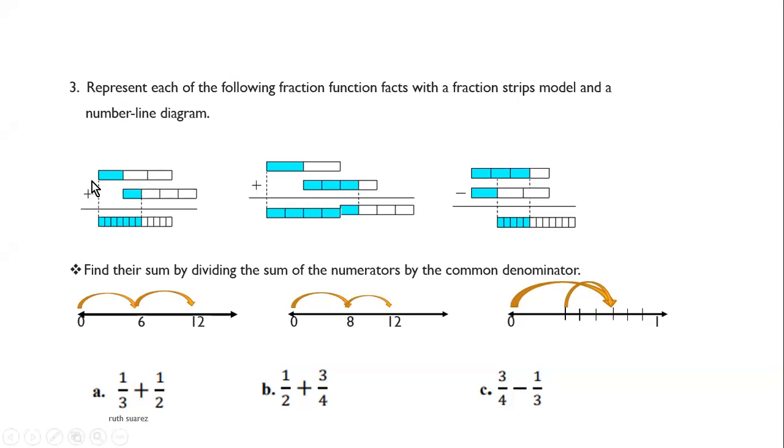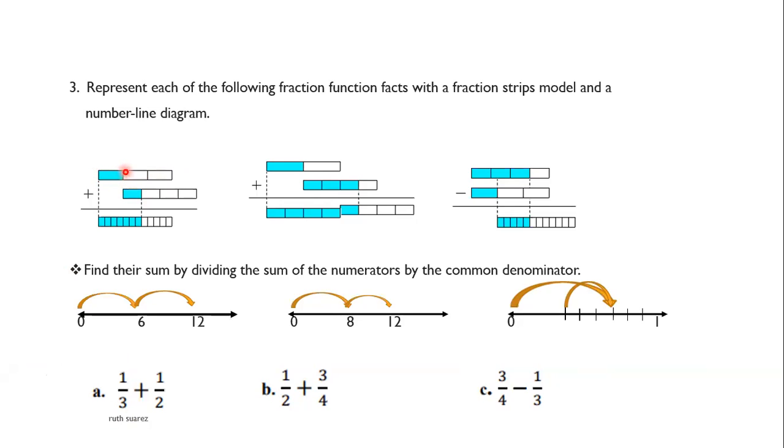So the addition is 1/3 and 1/2. Let's see here. As you can see, this has 1, 2, 3, so it is divided into 3 parts, and only one part of it is highlighted.